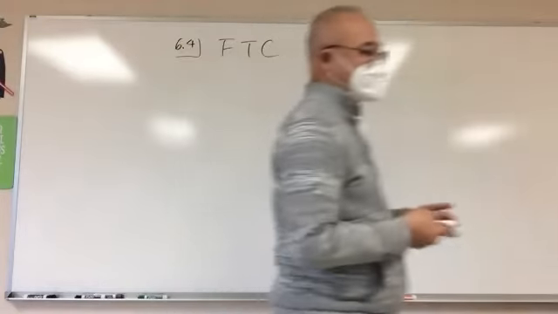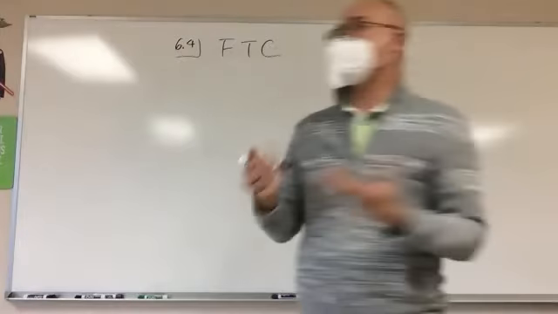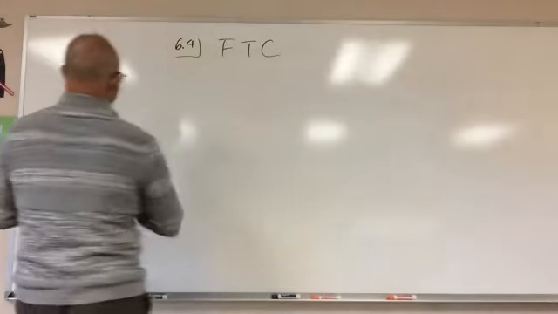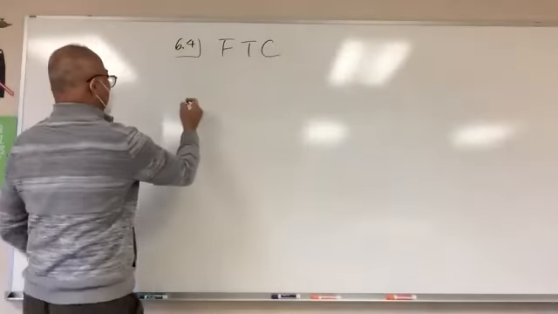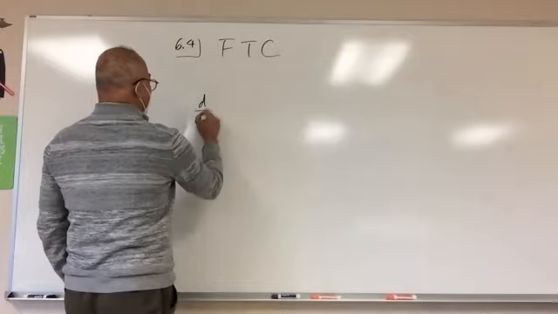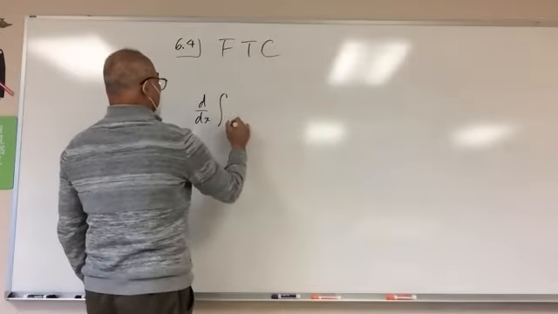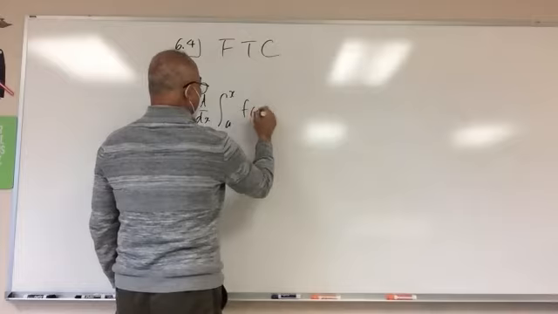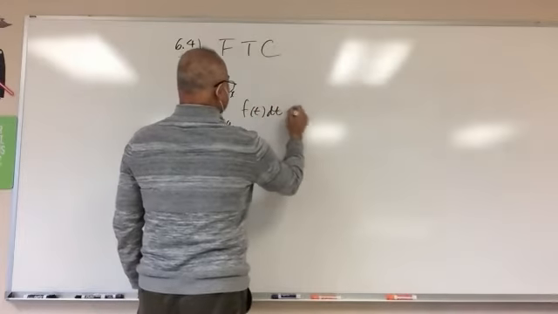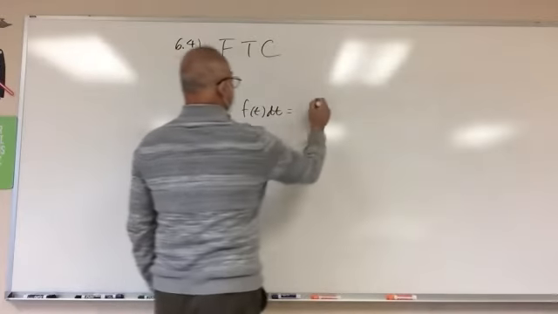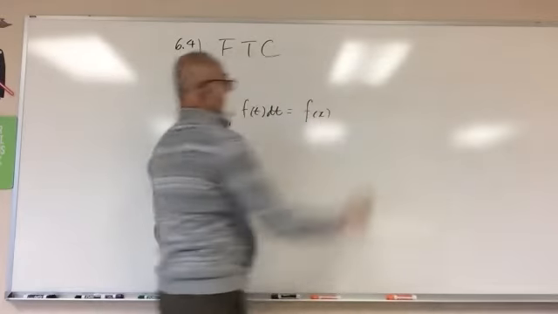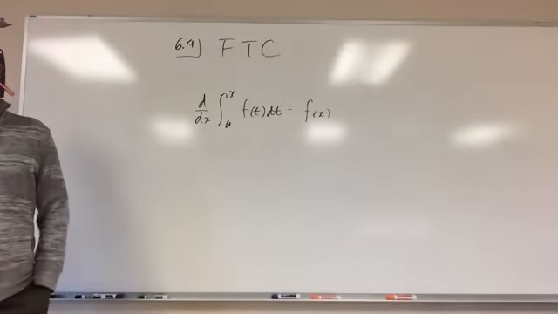Okay. And it's basically the stuff that we talked about during that exploration when we did the accumulator function, and we found that the derivative of this guy was equal to f of x. This is what we found. Remember that, right?